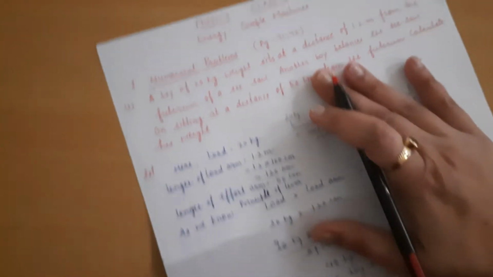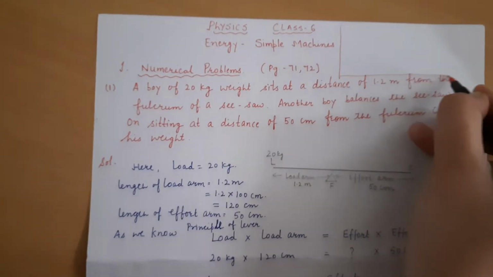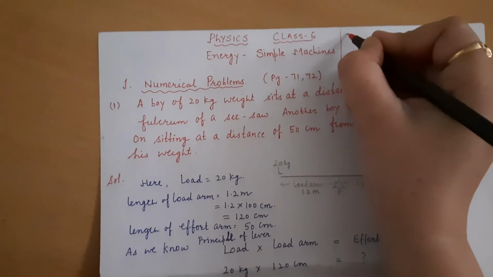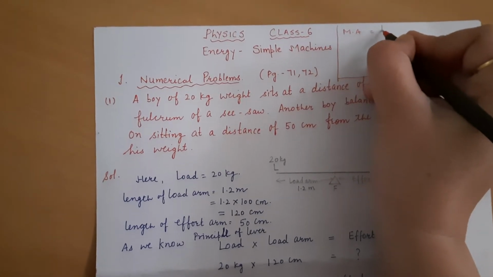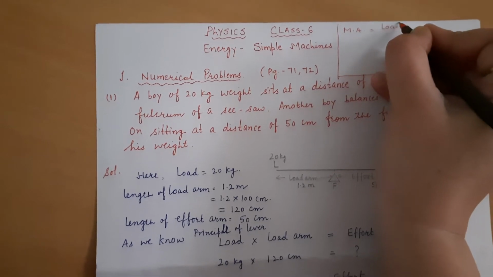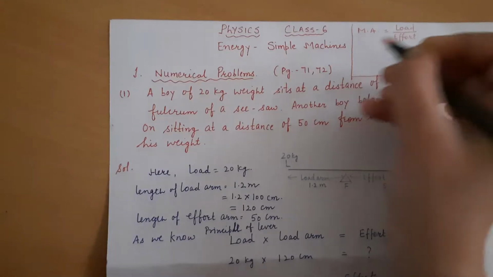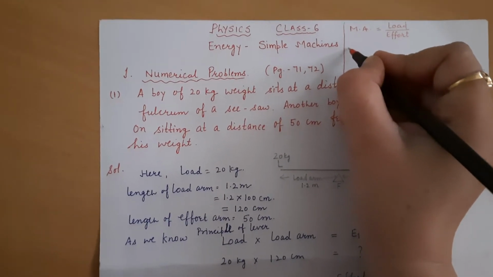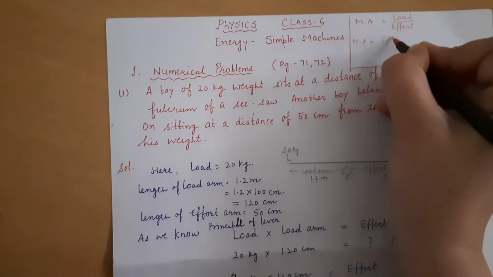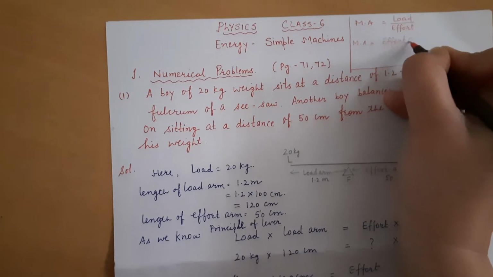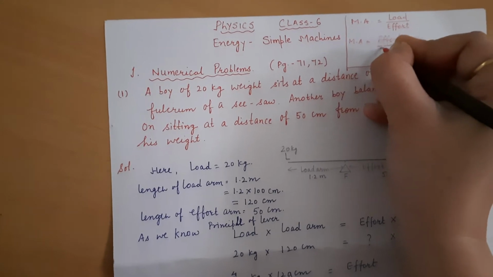First of all, I just want to tell you what formulas we are going to apply in these numericals. First, the formula for mechanical advantage, which is equal to load over effort. And if we are given the effort arm and load arm, then our mechanical advantage will be equal to effort arm divided by load arm.